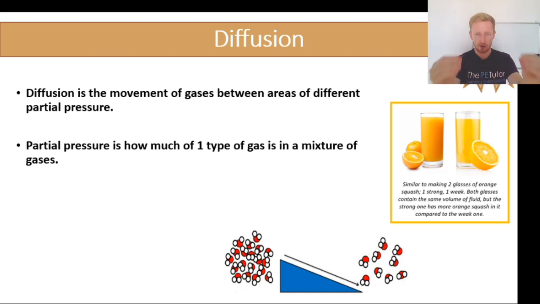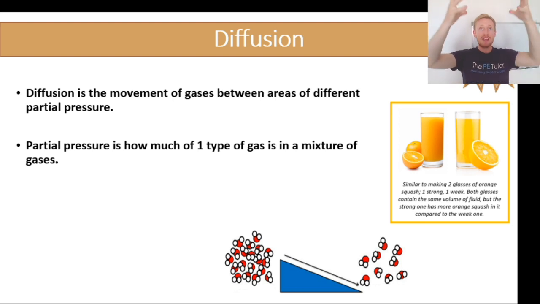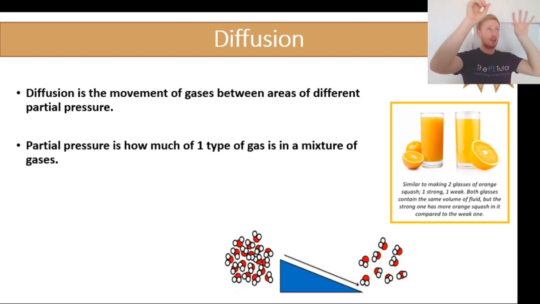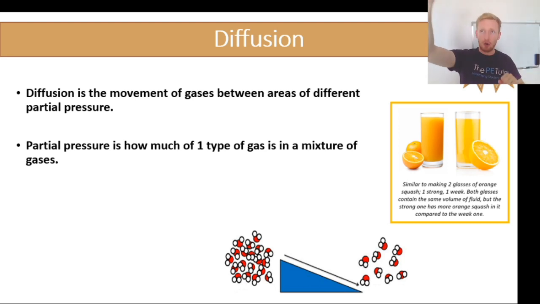Okay, it's to do with concentrations, the amount of a certain particle within a mixture. And in terms of gas, if we breathe air in, depending on your environment, it's got a set amount of oxygen concentration in the mixture of air. So we breathe that in, and we now have that body of air with a certain concentration of oxygen inside the alveoli.